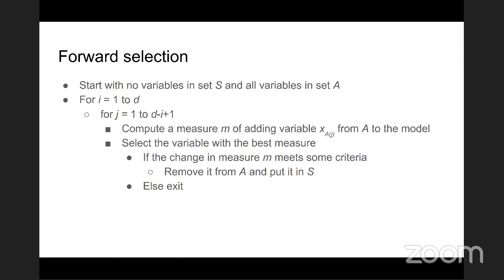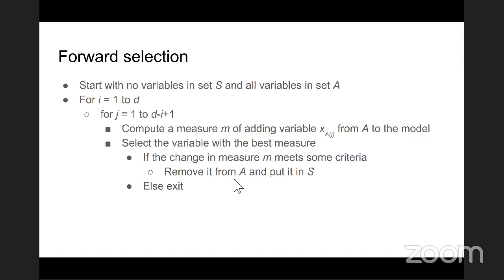Then if you don't want to look at all 2 to the power d subsets, there are some greedy methods to recursively add features or eliminate features. One of them is forward selection, where you add features. The other one is backward elimination, which is just an analog of this, where you eliminate features.